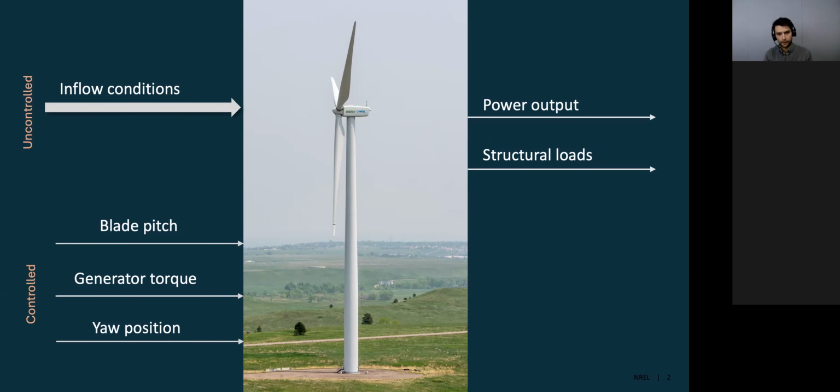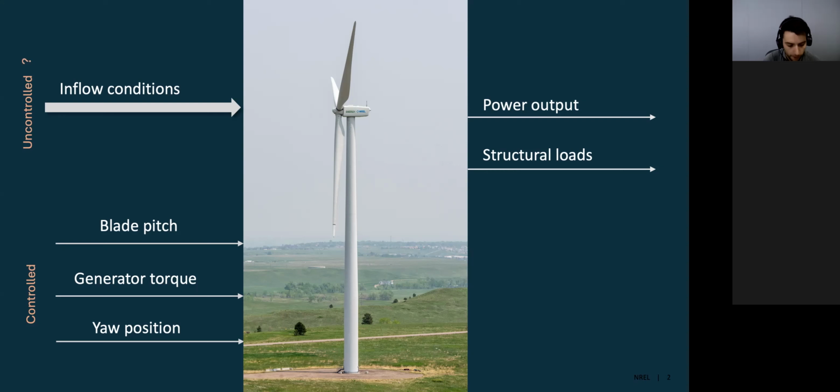So in control speak, we tend to think of these as controlled inputs. These are the inputs that we can do something about and control actively, and the uncontrolled inputs, which are the inflow conditions. These look like turbulent winds that are coming into our system and certainly affecting the performance, but we can't control them.